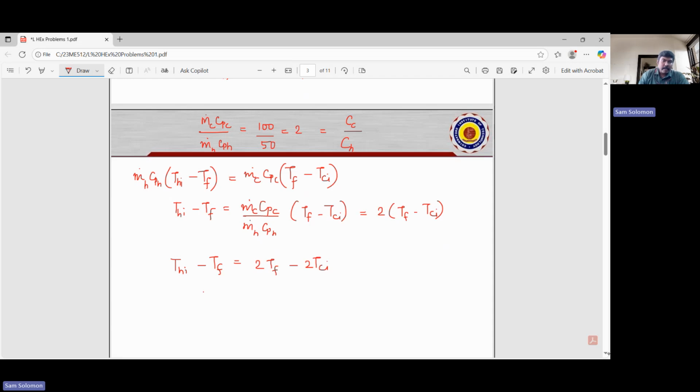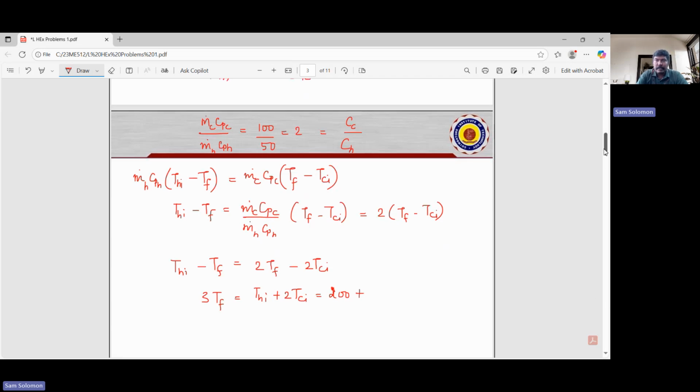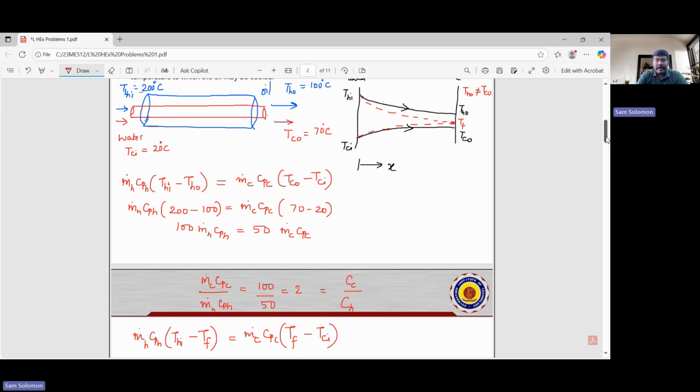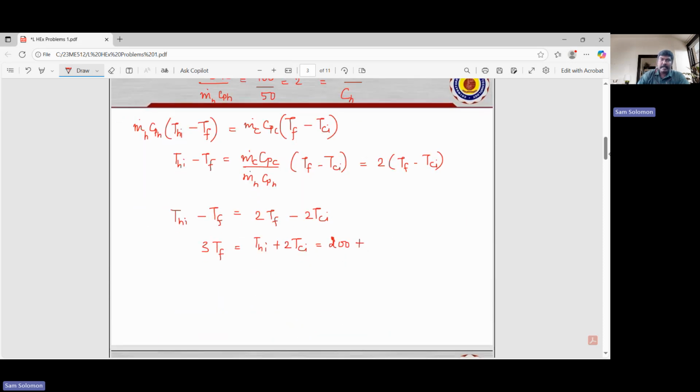If we rearrange the equation, 3Tf is going to be equal to Thi plus 2 times Tci. Thi happens to be 200, and Tci is 20, so 2 times 20 gives us 240.